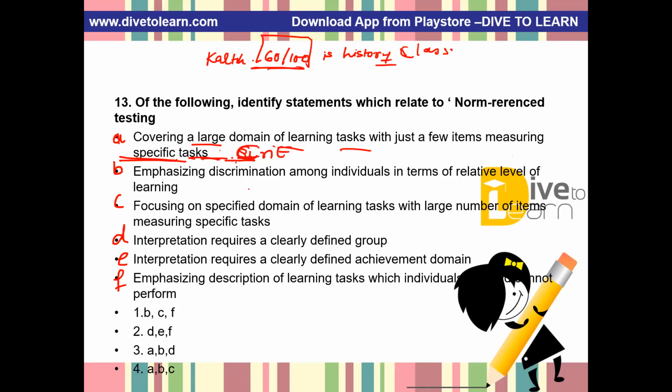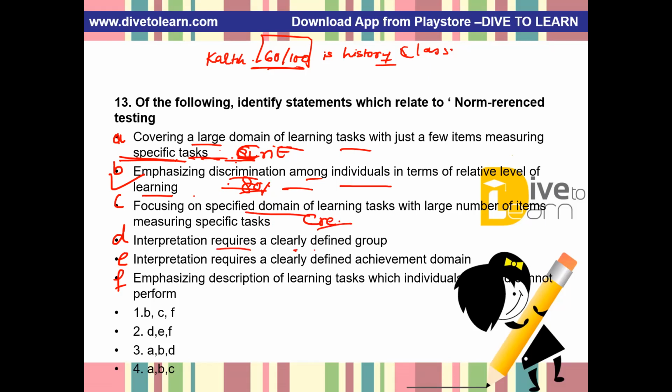Emphasizing discrimination among individuals in terms of relative level of learning. Discrimination is done because when I'm saying Jahana scored 80 percentile, she's better than 80 people in the group. So yes, focusing on specified domain of learning, this is criteria reference testing.